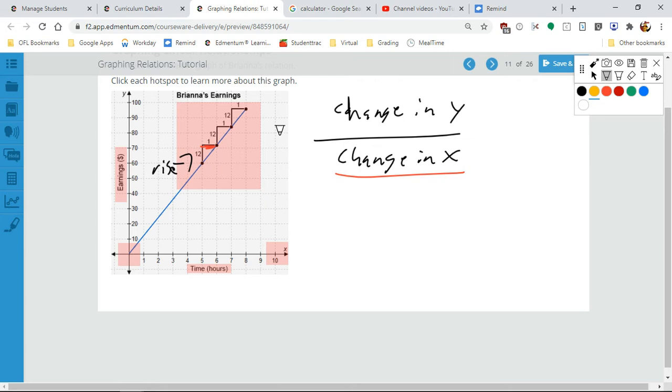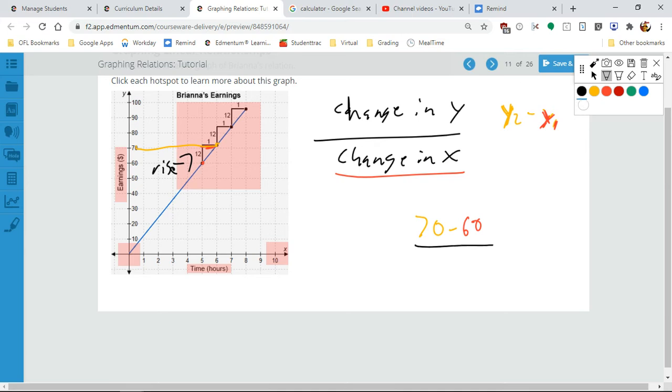So another way of saying this is we take our second Y, so this Y value here, 70. We take our second Y, this is supposed to be a Y2, by the way, minus Y1. So we take our 70 minus our Y1, sorry, which in this case would be the 60.